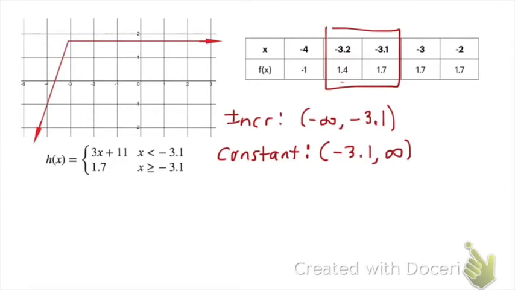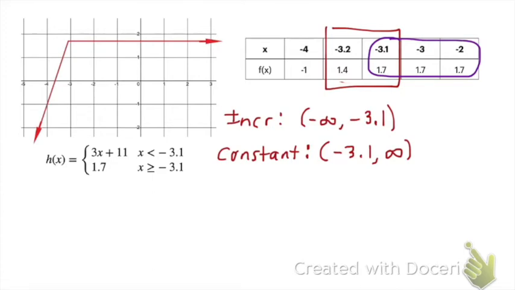For this, give me, again, some points that show we are constant. -3.1 and -3 would be enough, or you give me -3.1 and -2. Show me that we have a constant value for our f of x, or our y value.